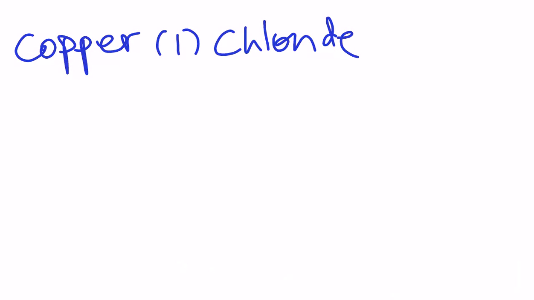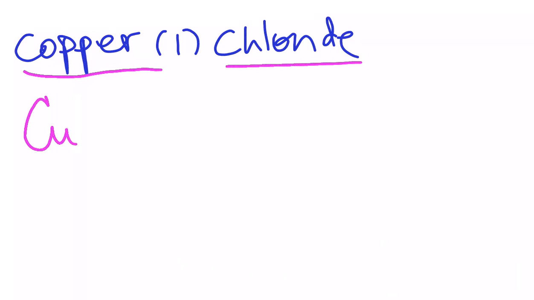This one, we have copper 1 chloride. So anytime you see the Roman numerals, they tell you that you're dealing with a metal that forms more than 1 type of ion. So you have a metal here and a nonmetal, so this is an ionic compound.